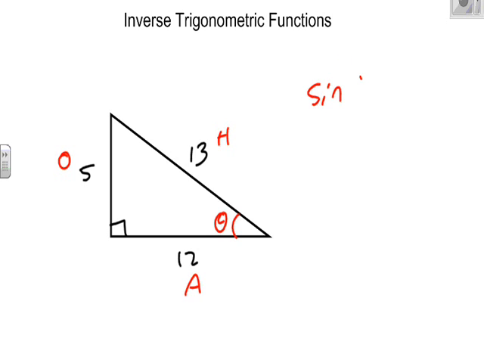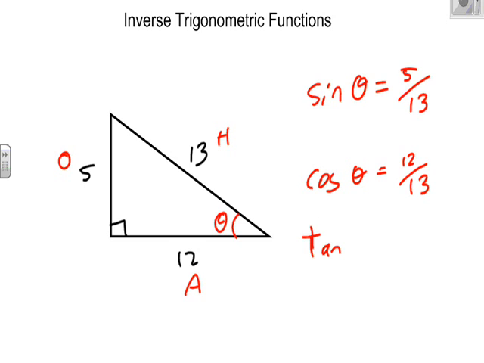So we would know that sine is opposite over hypotenuse, 5 over 13. Cosine of the angle is adjacent over hypotenuse, 12 over 13. And tangent of that angle is opposite over adjacent, 5 over 12.